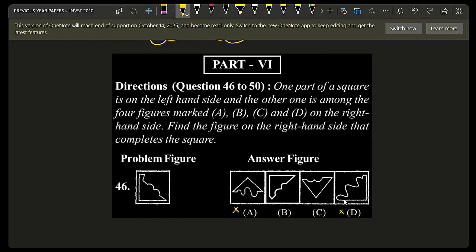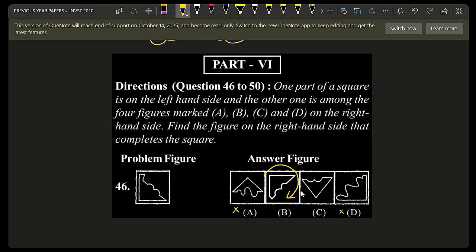So between B and C, what should be matching? Yes, option B is matching, but before you arrange, you make it into one piece, you have to rotate B like this and attach.